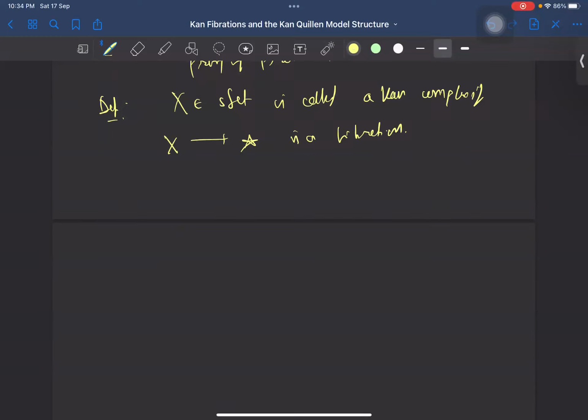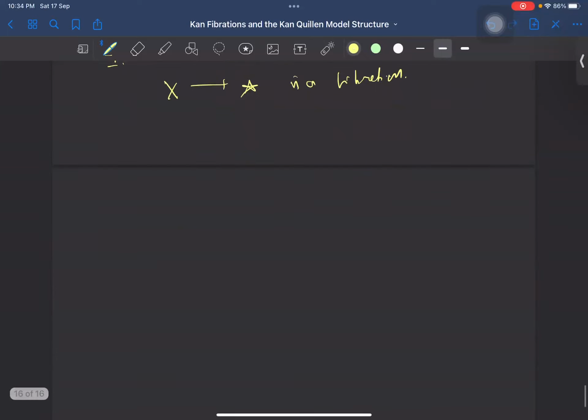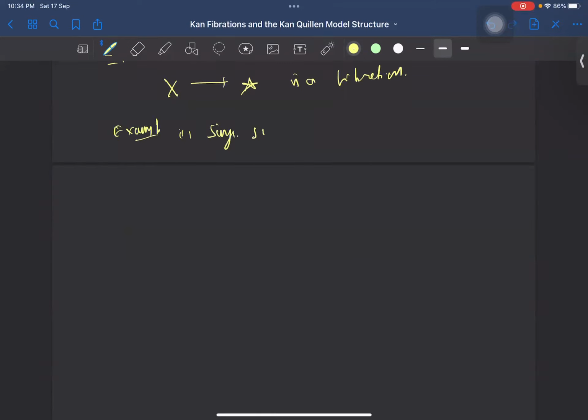Let me give a few examples real quick. The classical, canonical example is that Kan complexes came as abstractions of singular simplicial complexes of topological spaces.